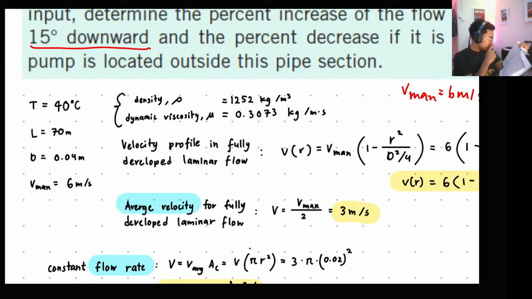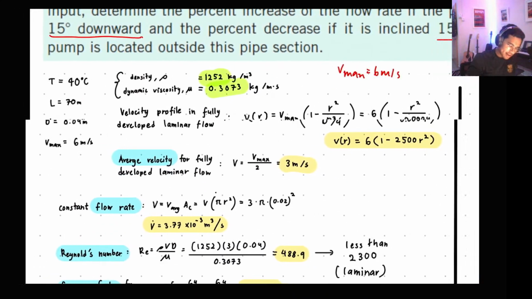There is glycerin for temperature 40 degrees. The density would be equal to 1252, and the dynamic viscosity is 0.3073. Alright, well done. Abang Penyu is getting angry. It's okay, let's continue.